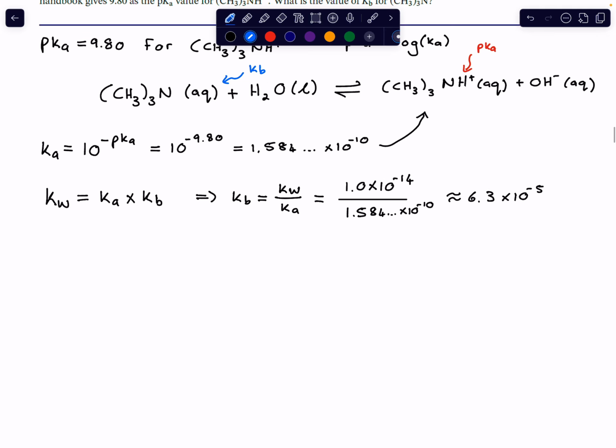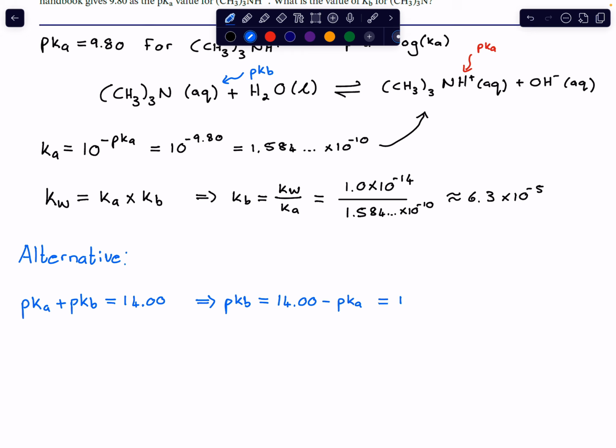An alternative that you can also remind yourself of is that the sum of pKa plus pKb must equal 14.00. So the pKb of our base, for the pKa of the conjugate acid, is equal to 14.00 minus pKa.